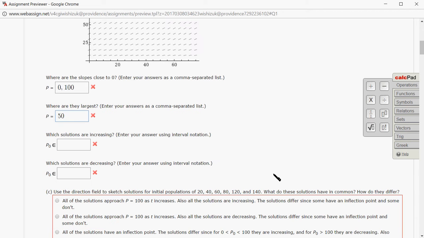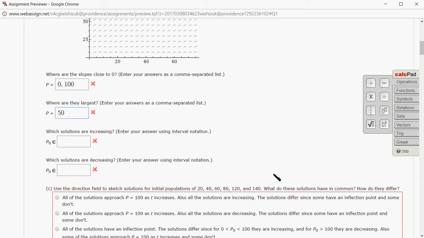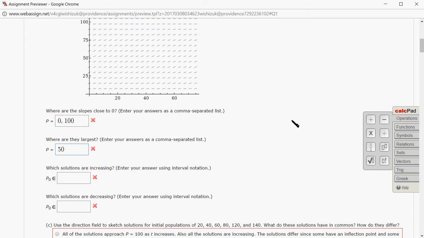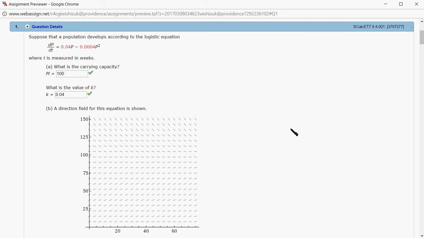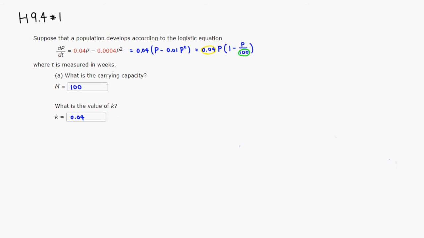Which solutions are increasing? If you look at the factored-out version, remember that this is a downward-facing parabola, so the ballpark picture is this.